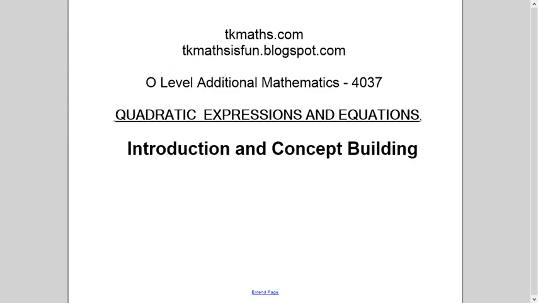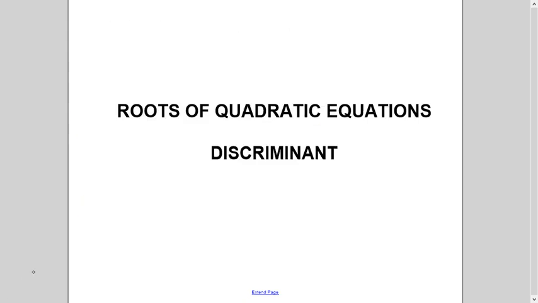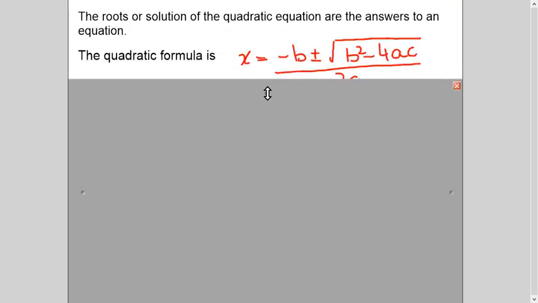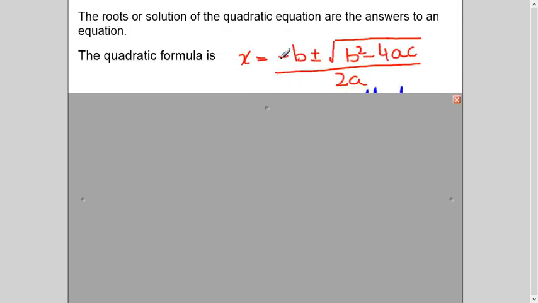So let's begin with the concept. We'll start with the discriminant. We know the quadratic formula. We have seen it in the previous video also. But now in the quadratic formula, this portion, b square minus 4ac, has a special name, because it changes the root of the equation.